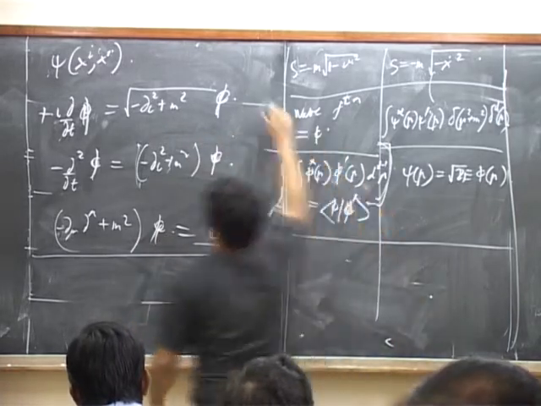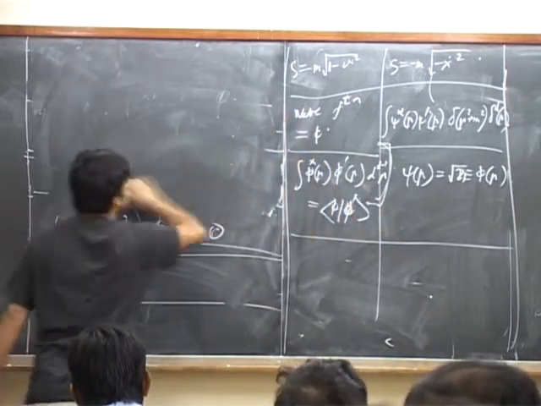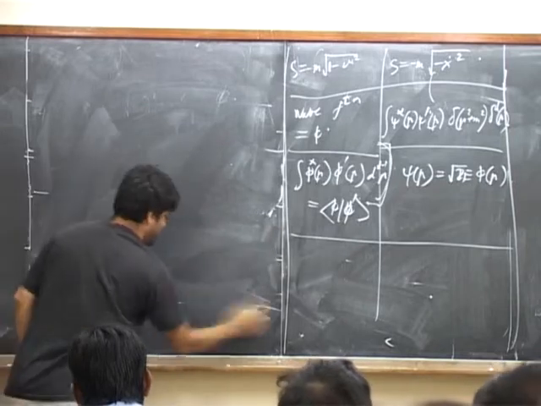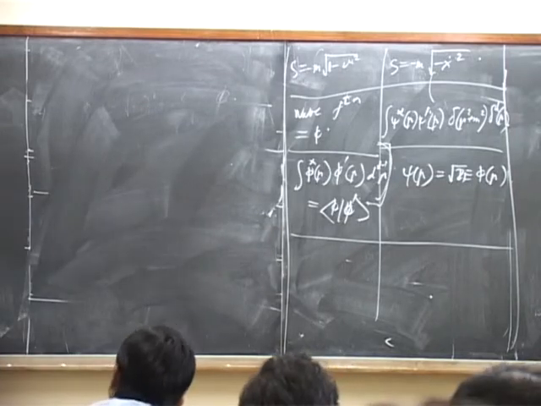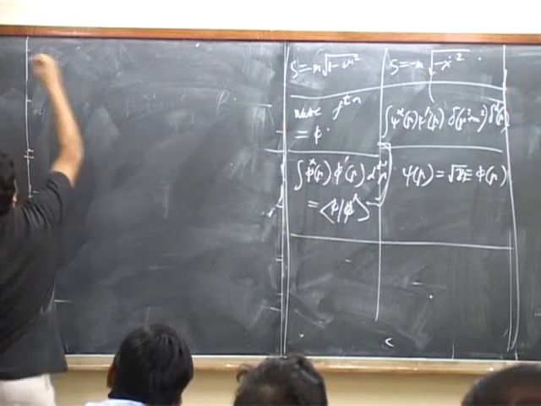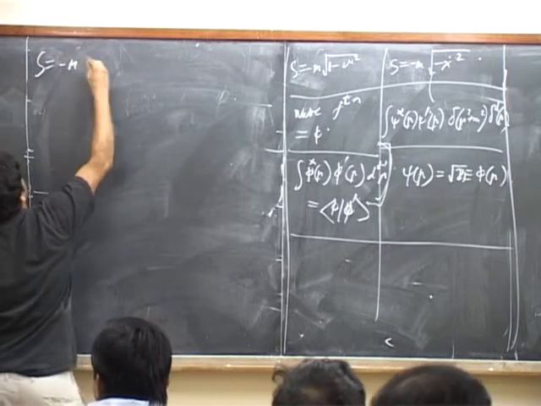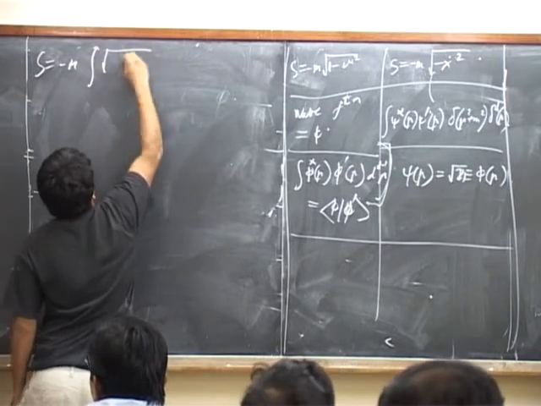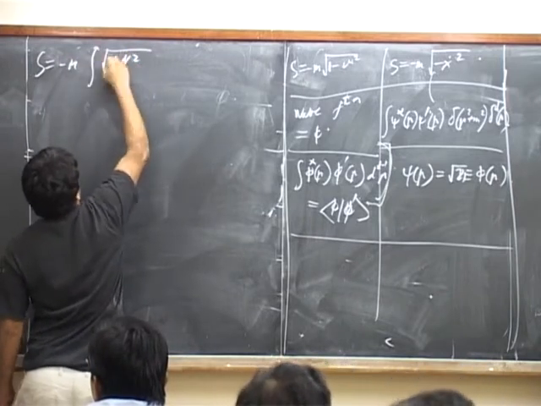So let's continue. The next thing I'm going to do is to take the fancy action and make it even more fancy. The fancy action is minus m square root of x mu dot squared.